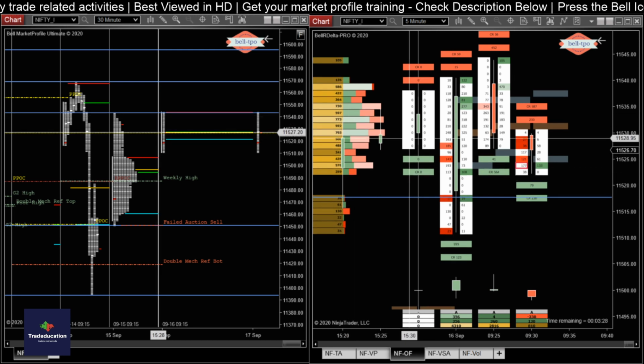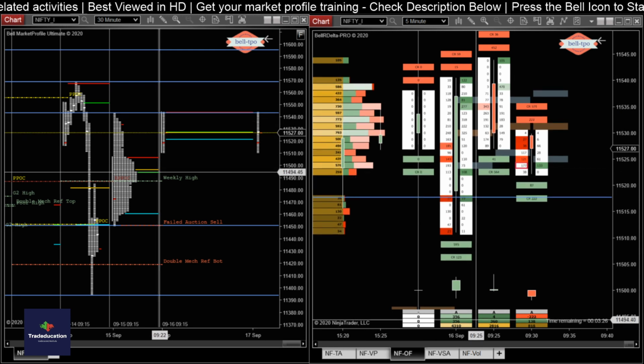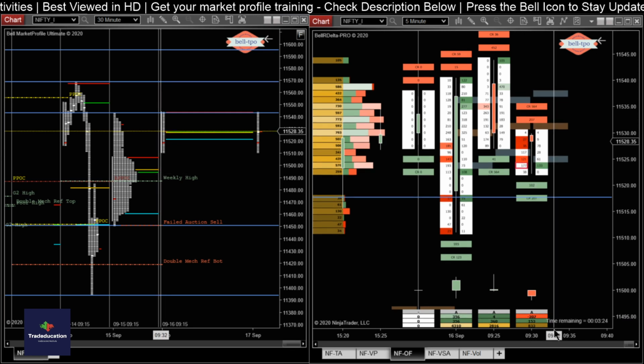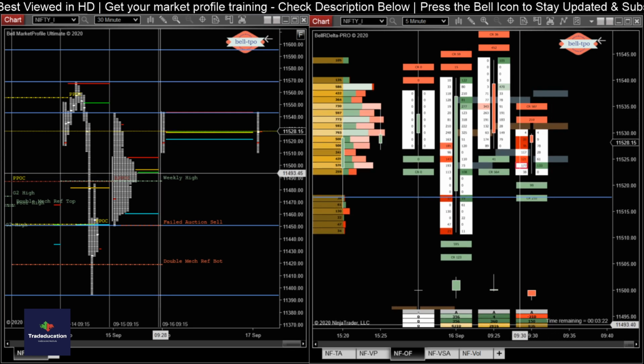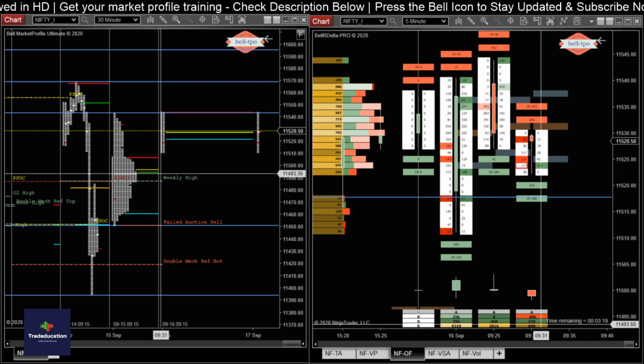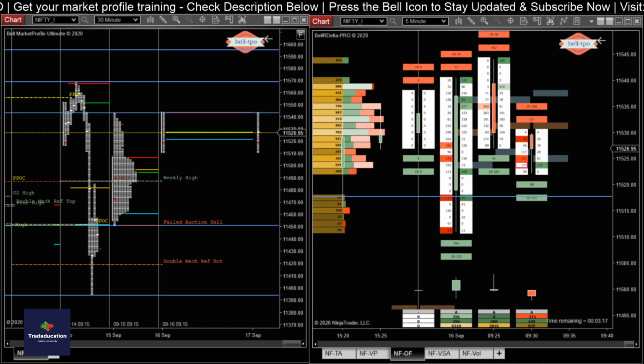So a balanced profile, overall delta is negative now. For this candle, delta is negative, but overall cumulative delta is positive.